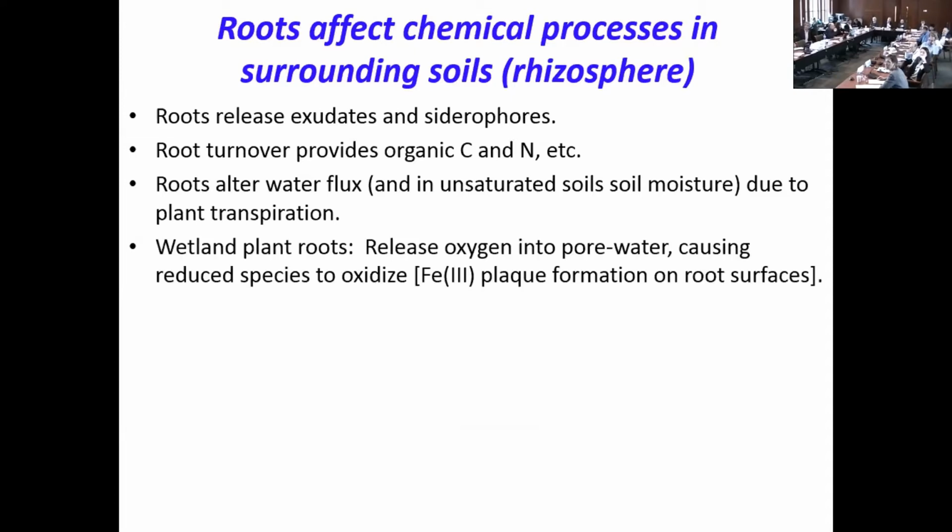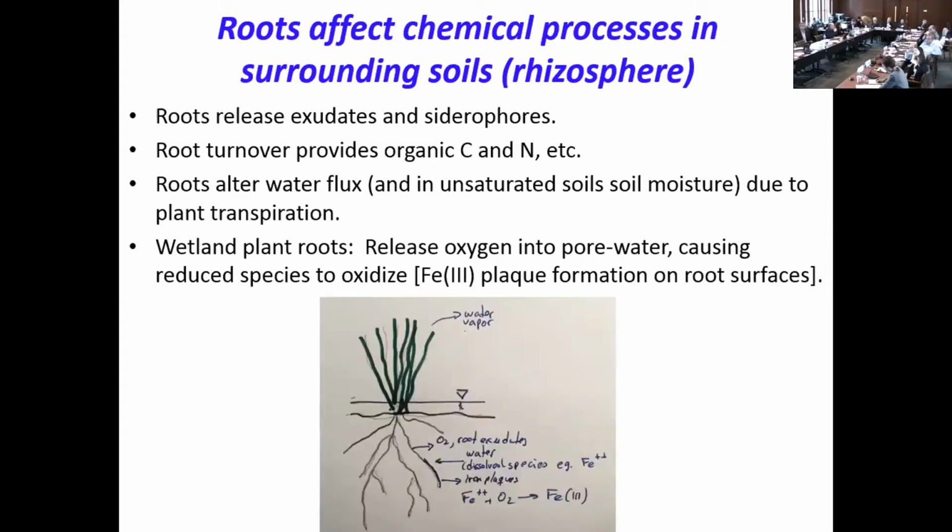They release oxygen into the pore water. Plant tissue has to stay aerobic, so wetland plants have adapted to pump oxygen into the root system, and roots are leaky. So in the surroundings of wetland roots, you have iron plaques forming as the plant pulls water for transpiration, and there's, let's say, iron 2 in solution.